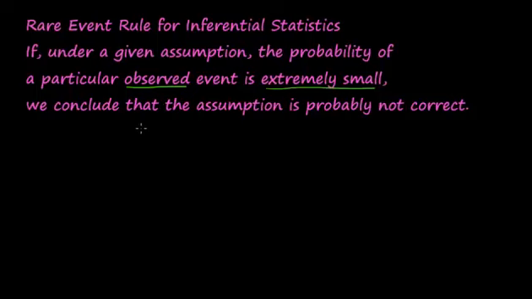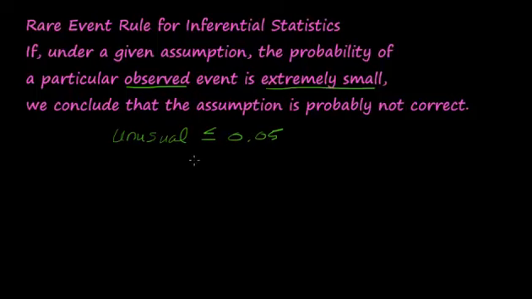The criterion most often used that an outcome is unusual is if it has a probability of 5% or less. So we usually consider unusual to be less than or equal to 0.05 or 5%.